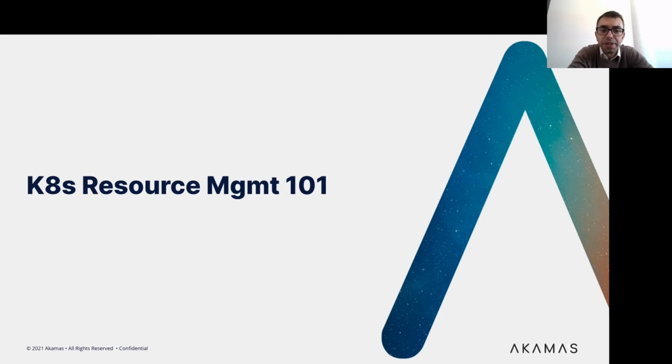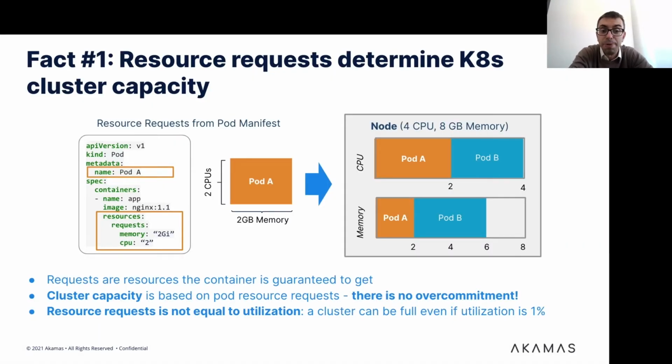The first important concept is resource request. When a developer defines a pod, she has the possibility to specify a resource request. Those are the amount of CPU and memory that the pod, or better a container within the pod, is guaranteed to get. Kubernetes will schedule the pod on a node where the requested resources are actually available.